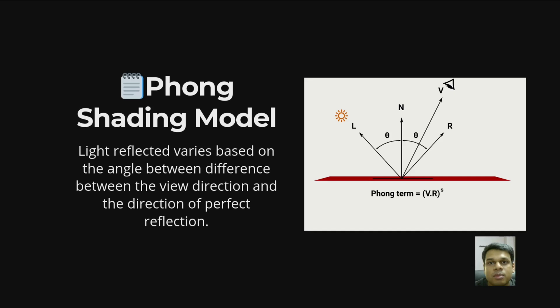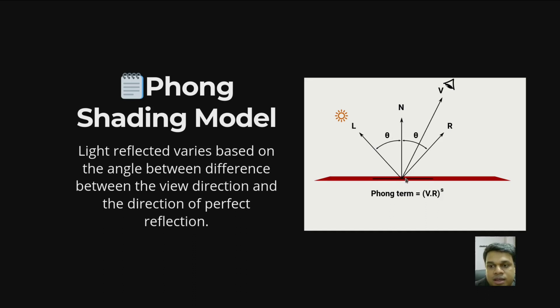So we all remember how mirrors work, right? Mirrors basically reflect light, and the formula for a mirror is very basic. The angle of incidence equals the angle of reflection. That's what the image on the right shows. If there is a light source falling on this red surface, the line of incidence makes an angle theta with the normal.